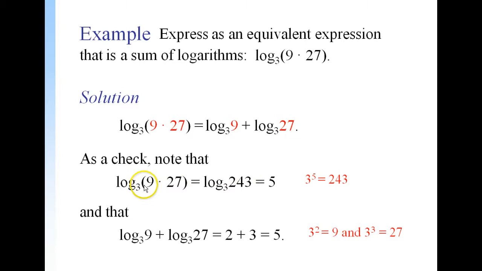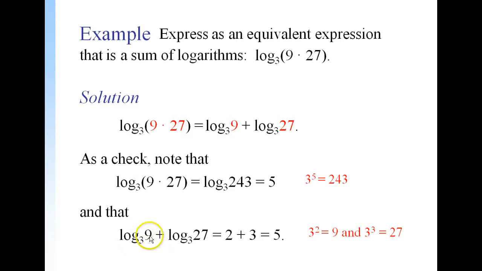Now remember, if you multiply these two together, you get this. And again, that would be 3 to the second, 3 to the third gives us 3 to the fifth, which is 243. So the log of this is 2.